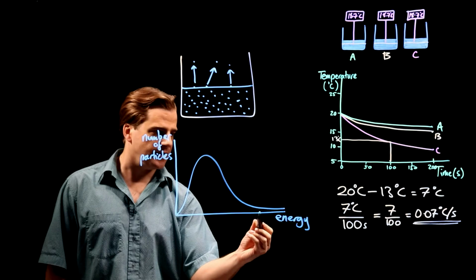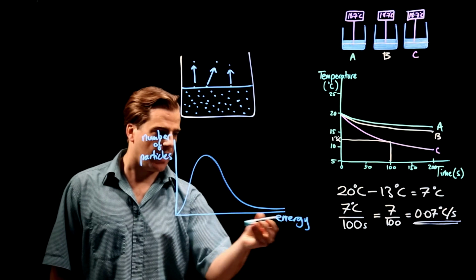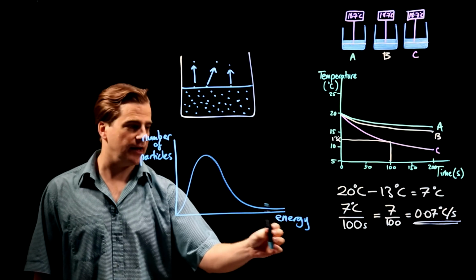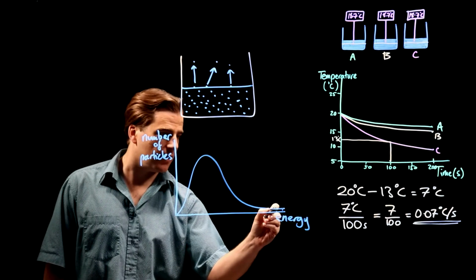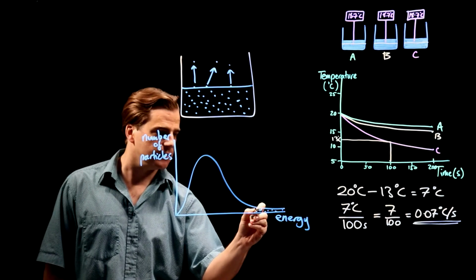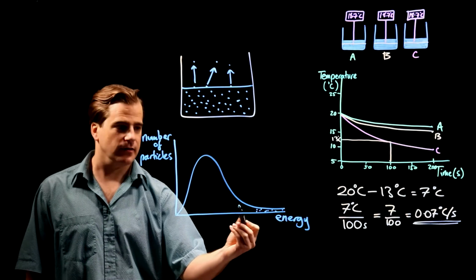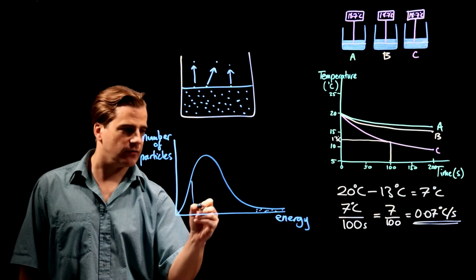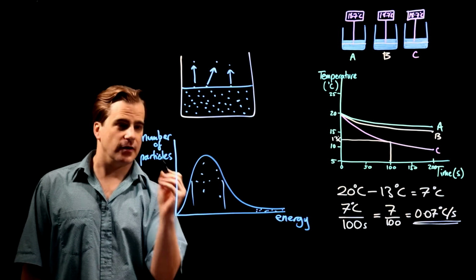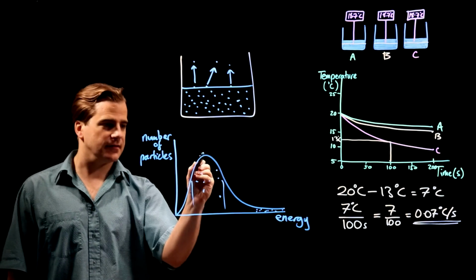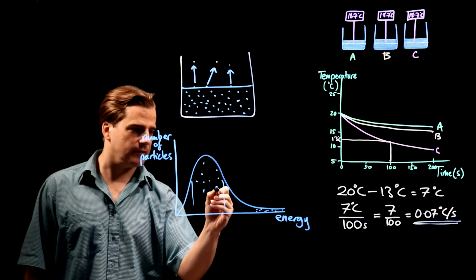You can see that at high energies, this region here, there are not many, but there are some particles here that have a high energy. Most of them are in this sort of mid region here. See, the number of particles is highest in this middle bit.